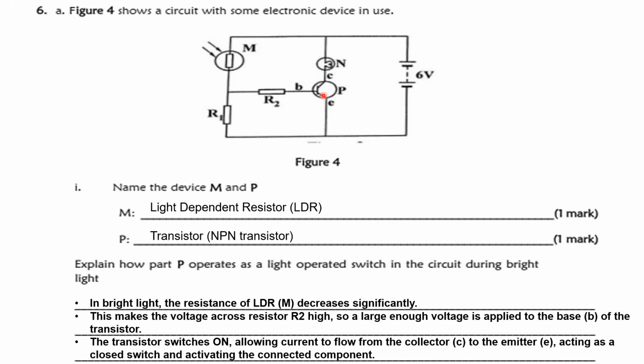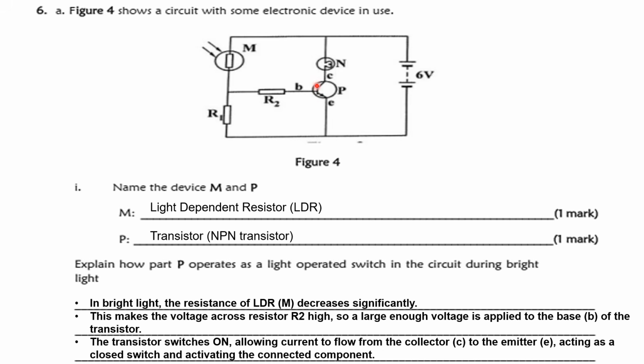Very important. Many candidates miss the point of the direction of current. So first of all, light needs to fall on the resistor there. This resistance is going to decrease. When the resistance decreases, the current is going to be higher. So the voltage across R2 is going to be higher. That voltage is going to be large enough to turn on the switch, the transistor.